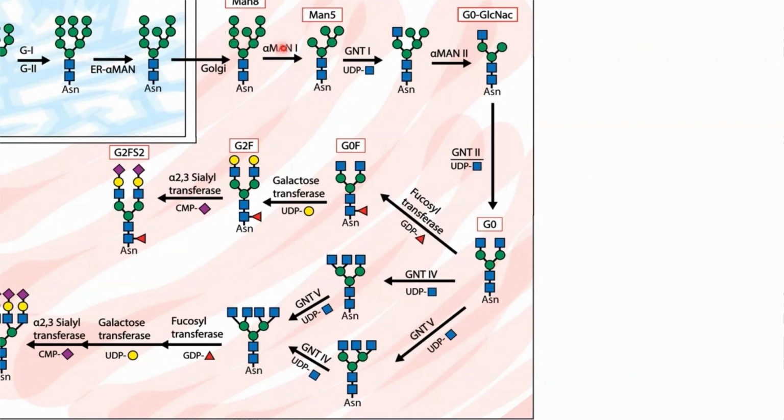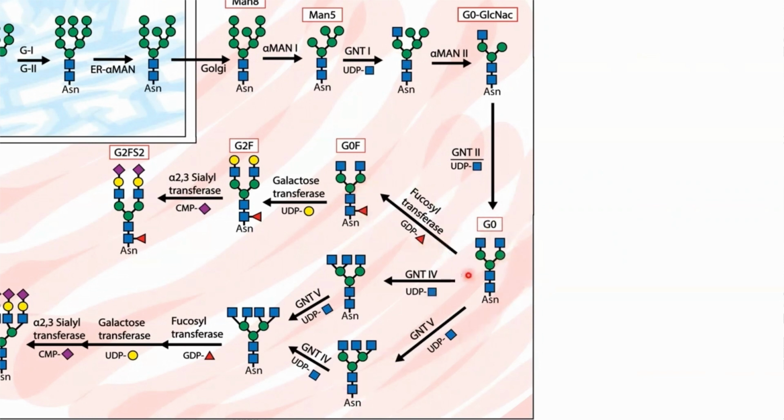And typically within the Golgi, we'll start with something that we call Man8, which is then trimmed down to Man5, and then we'll trim off more mannose and add N-acetylglucosamine onto it. And from here, this G0 glycoform can become fucosylated, addition of the fucose.